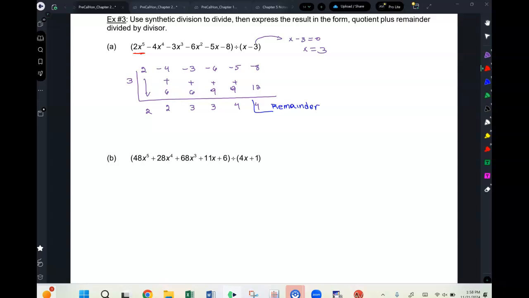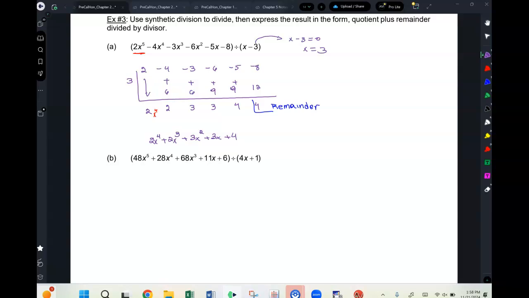We divided by a linear function, so that degree gets reduced by 1. So now I have x to the 4. Right? So my quotient will be 2x to the 4 plus 2x cubed plus 3x squared plus 3x plus 4.